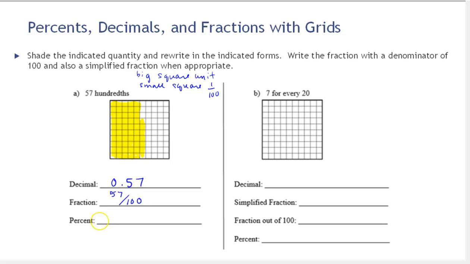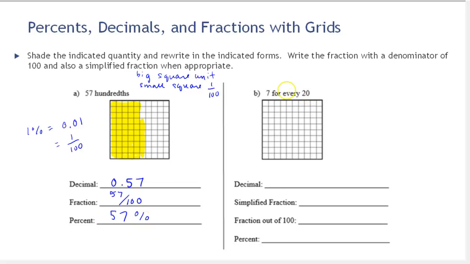And now for percents, a percent represents an amount over 100, so 57 hundredths is 57%. Okay, so 1% equals 0.01, or equivalently 1 over 100. So if we have 57 hundredths as a percent, it's 57%, or 57 per 100.